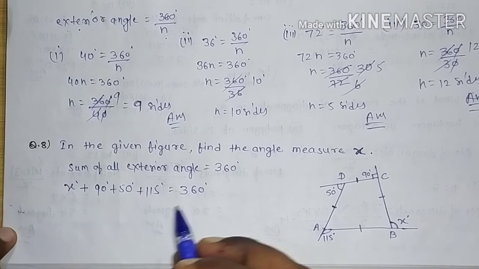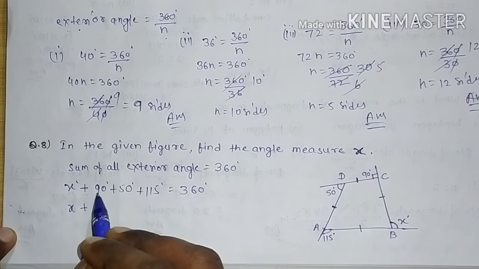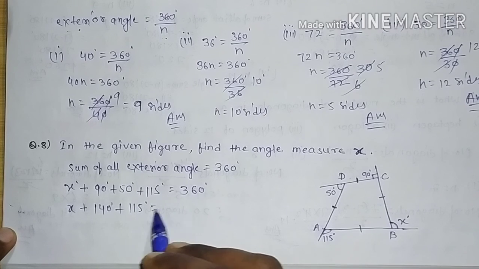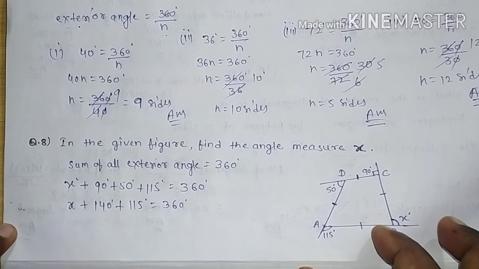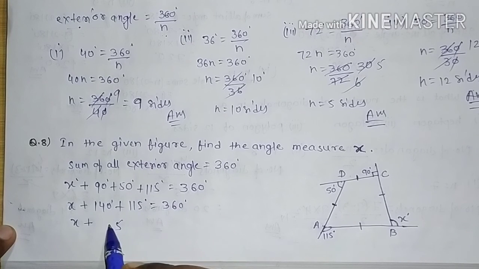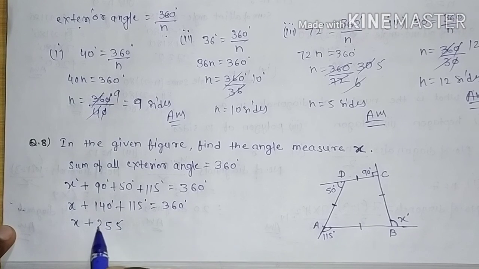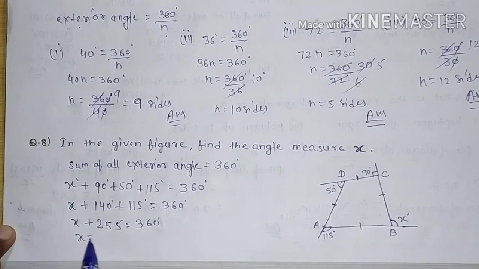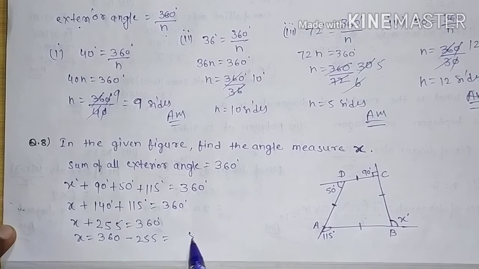Now just solve this. So x plus 90 plus 50, that is 140, plus 115 degrees equals 360 degrees. Now x plus 255 equals 360 degrees. So x equals 360 minus 255, which equals 105 degrees.